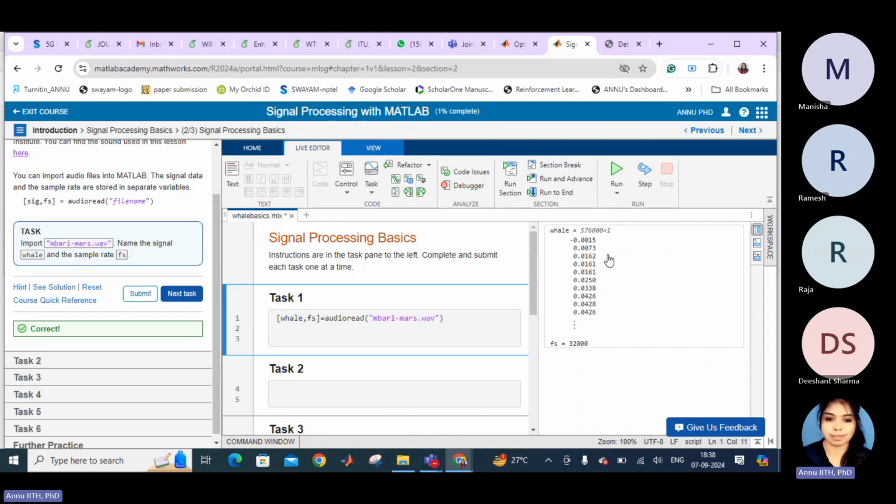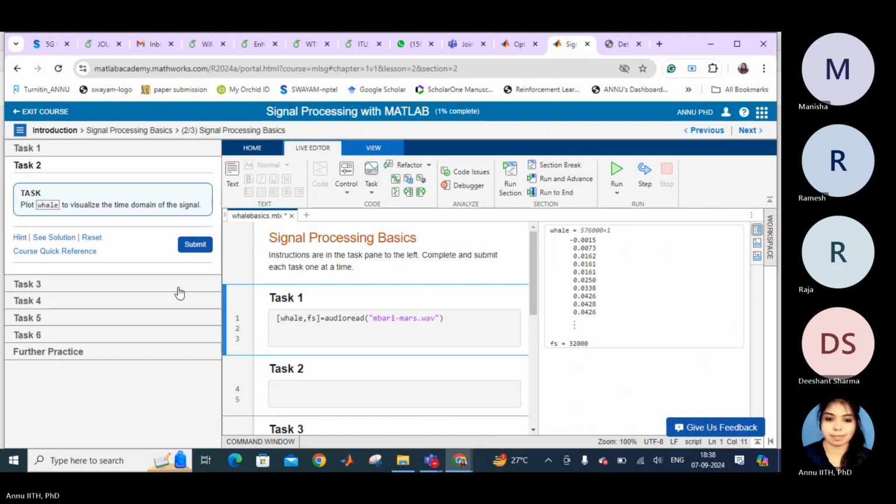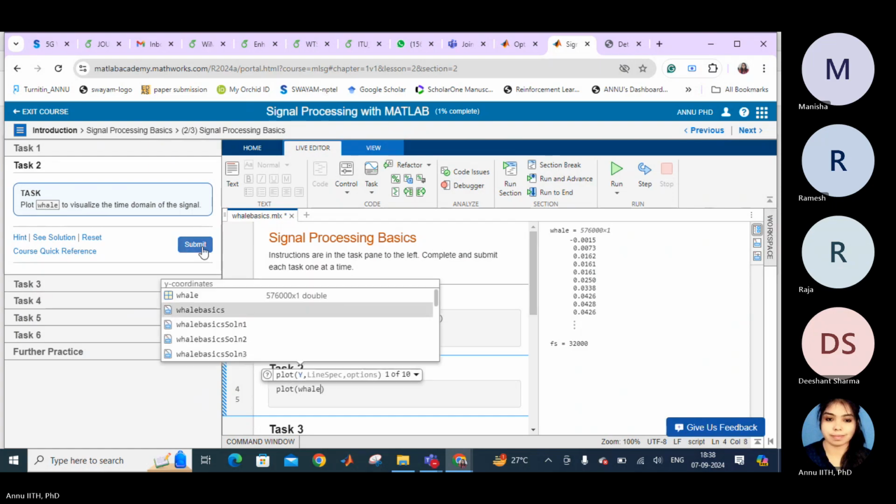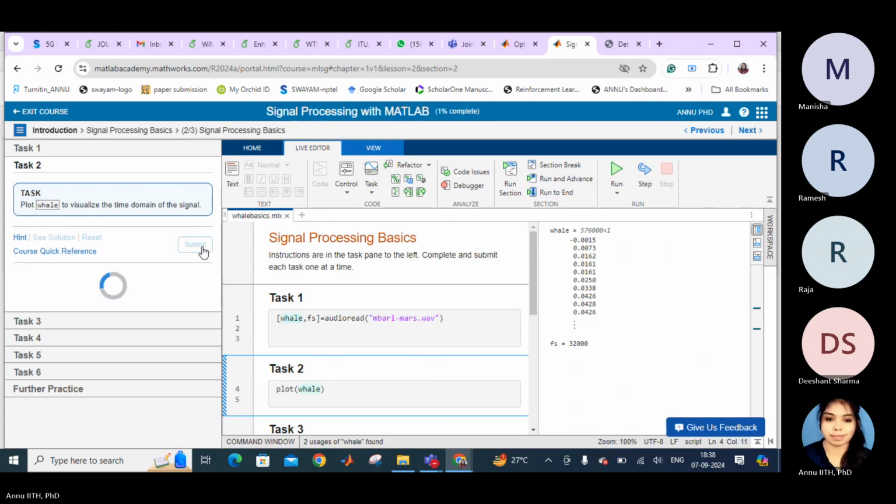Okay, I think this is clear to you. So I want you people to first complete these first three tasks. Plot, how will it look? Plot whale.